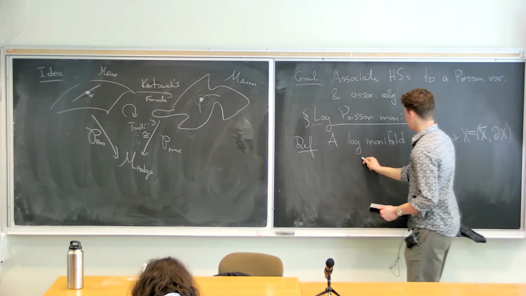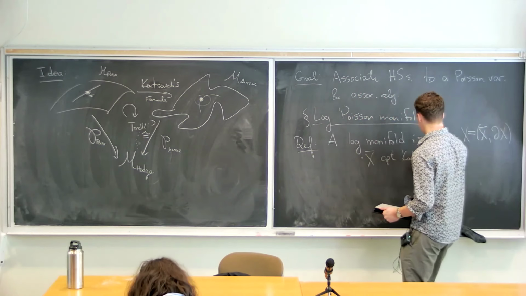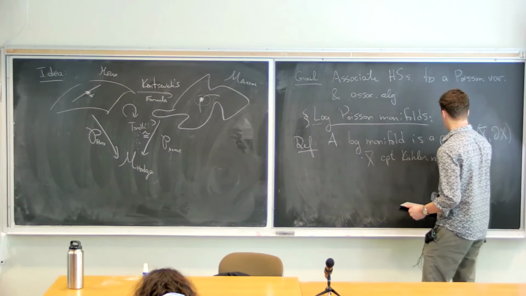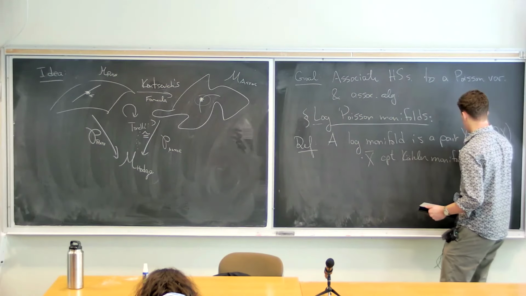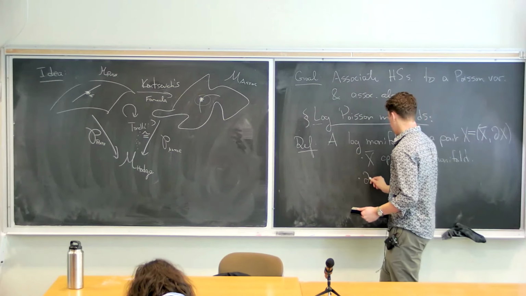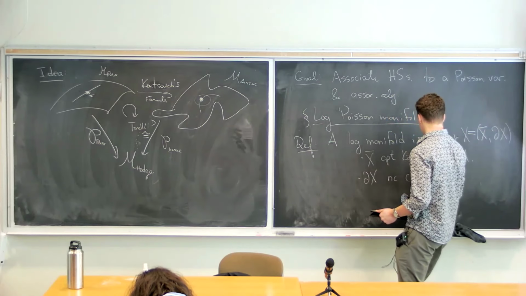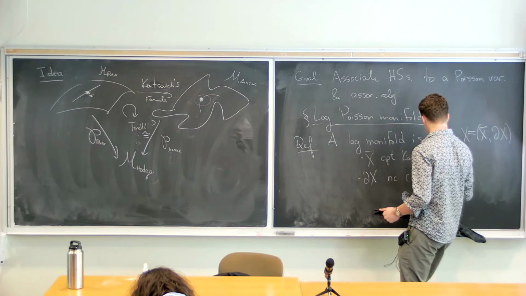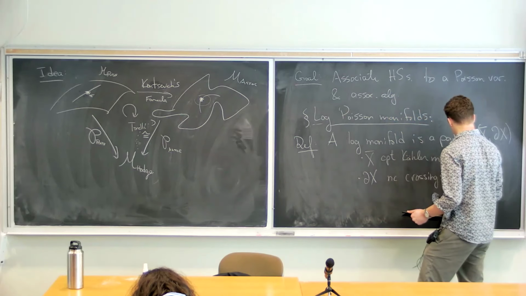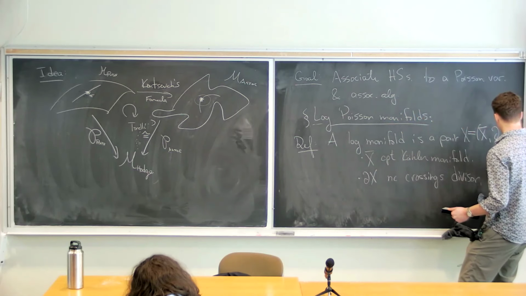The first thing is a compact Kähler manifold. And the boundary of X is a normal crossing divisor. Okay, it's called the boundary.